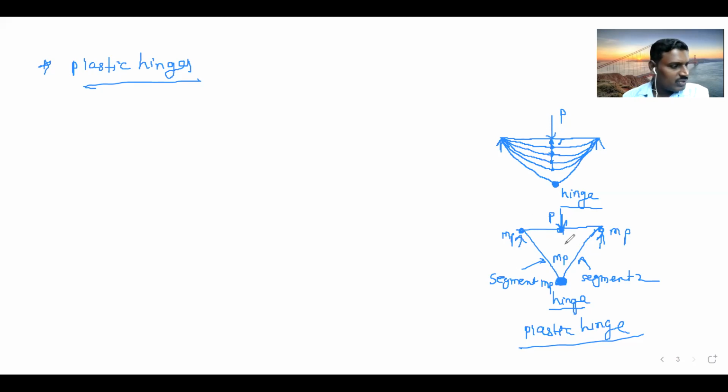So this is nothing but plastic hinges. So what is a plastic hinge?